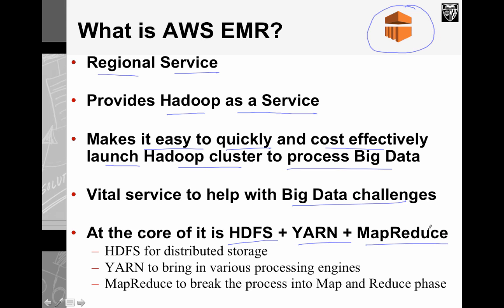And there are, of course, many other application platforms that are built on top of the Hadoop service, such as Hive, Pig, Spark, Mahout, and so on and so forth. Don't forget, HDFS is used for distributed storage, Yarn is used to bring in various processing engines, and MapReduce is used to break the process into map and reduce phases that run across multiple machines.